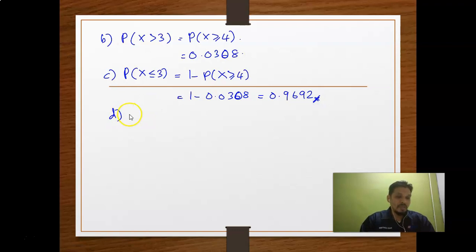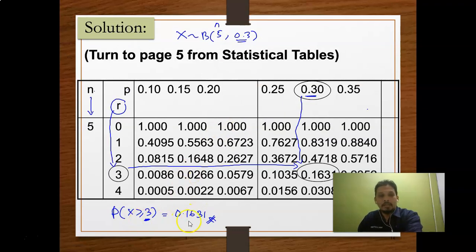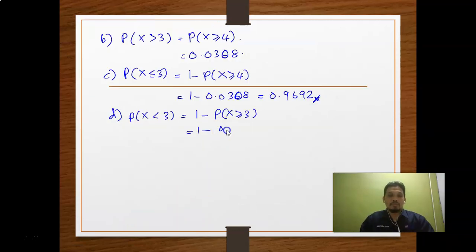D, the probability of x less than 3. It is 1 minus the probability of x greater than or equal to 3. It is 1 minus the probability from just now, which is 1 minus 0.1631, equal to 0.8369.